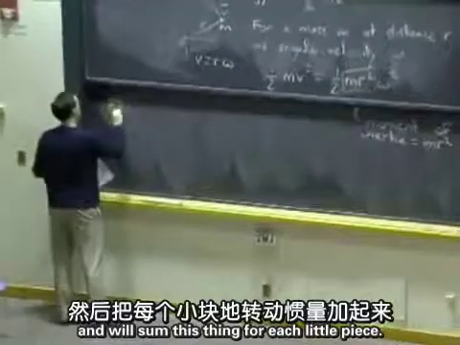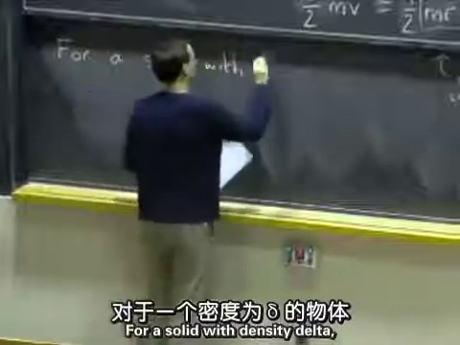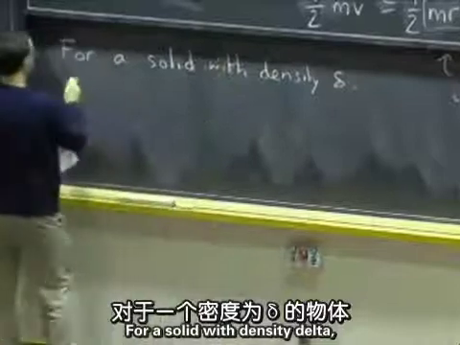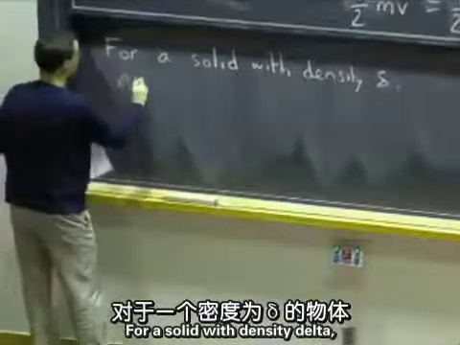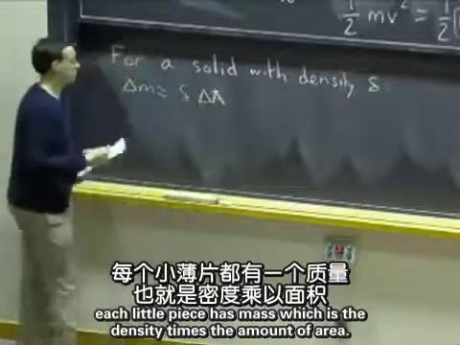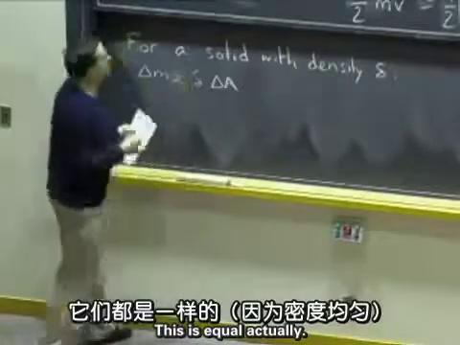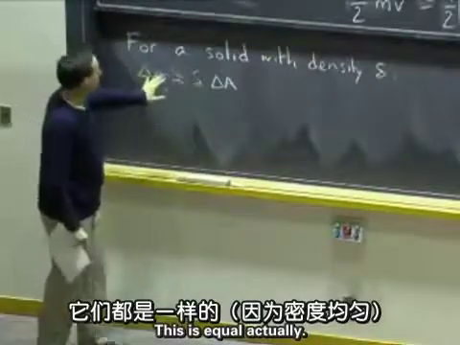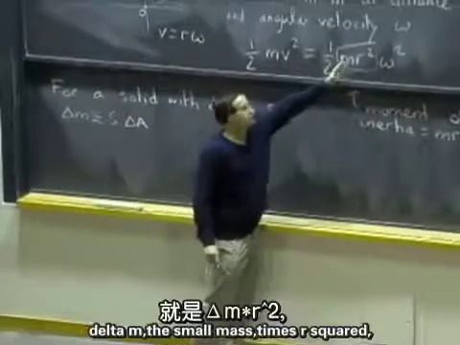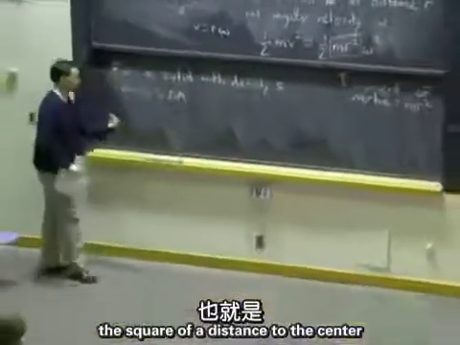So for a solid with density delta, each little piece has mass equal to the density times the amount of area. And the moment of inertia of that small portion of the solid will be delta m, the small mass, times r squared, the square of the distance to the axis around which I'm spinning.